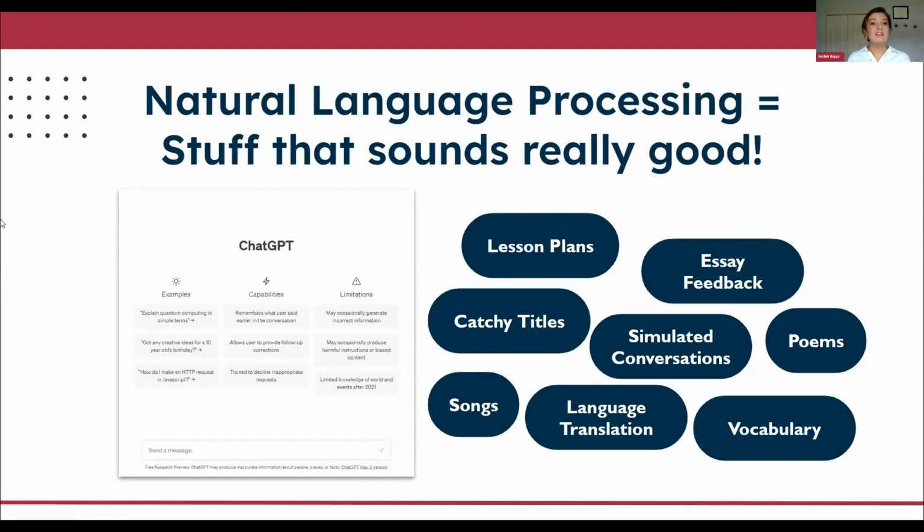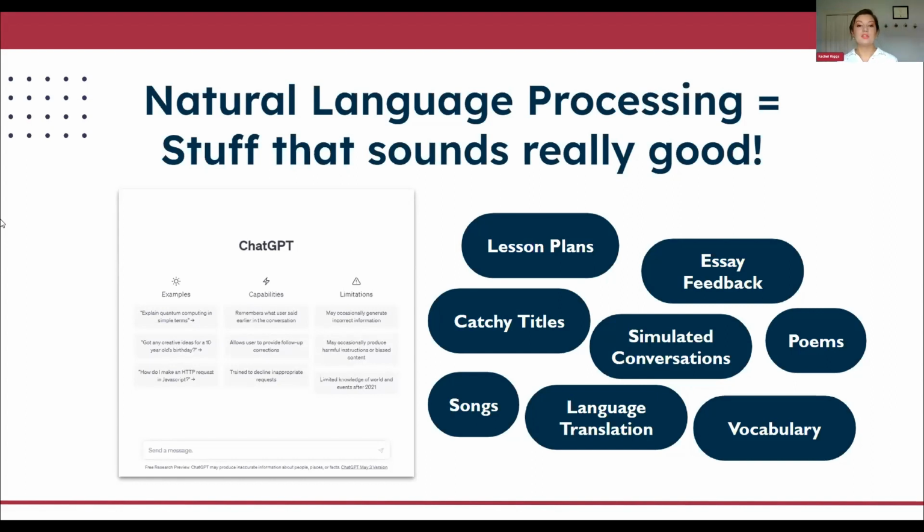I say it in that very untechnical way because it's important to know that really that's what the technology does. It produces stuff that sounds really good. They are still working on it producing stuff that is actually really good and accurate. But it's important to recognize that the benefit of talking to ChatGPT or these other chatbot tools is that you can come out with stuff that sounds really good, and then you can apply your human intelligence to it.